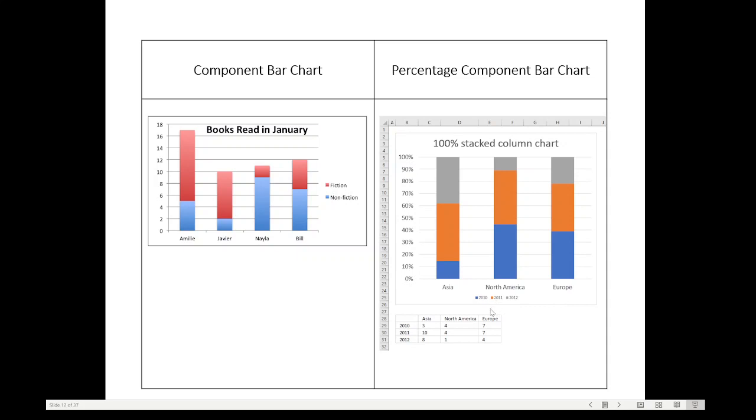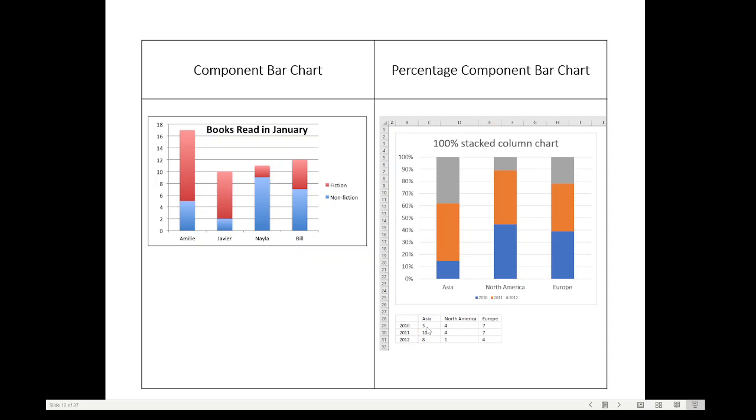Boleh. Kalau you nak kira by years, then you calculate horizontally. Yang ni kita guna by categories for Asia, North America or Europe, right? If you want to have the Asia, North America and Europe here representing by the year, then you will calculate across the rows. Okay, so by row kat sini.